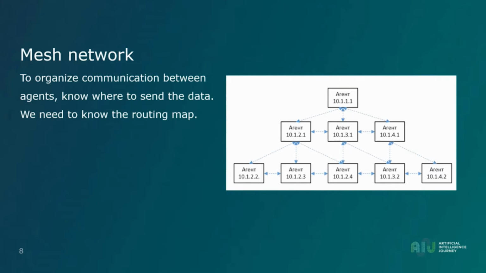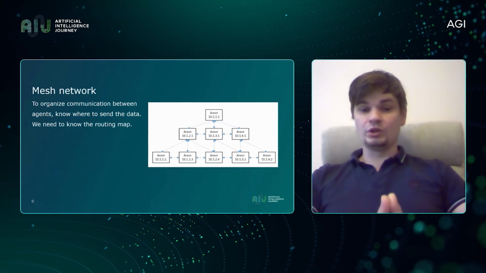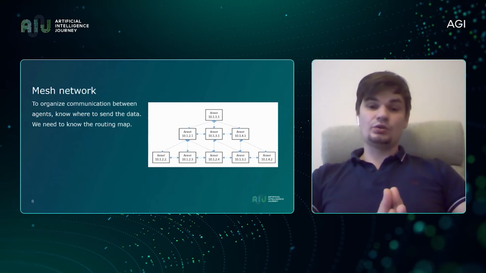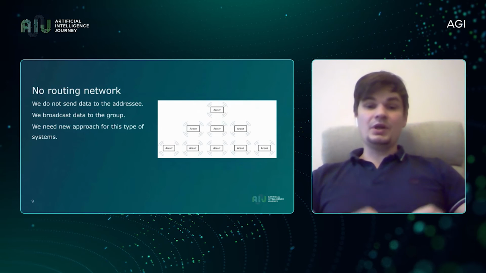And we have tried this system, and regrettably at low dynamics it works, but when the dynamics is high, robots are moving, the topology is changing fast, and when the modules see only their neighbors, then the mesh network really slows down the speed of change and the speed of data exchange.